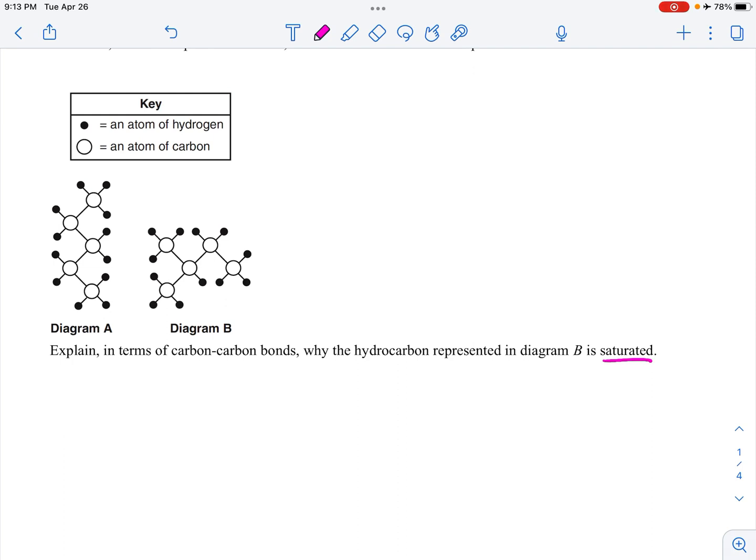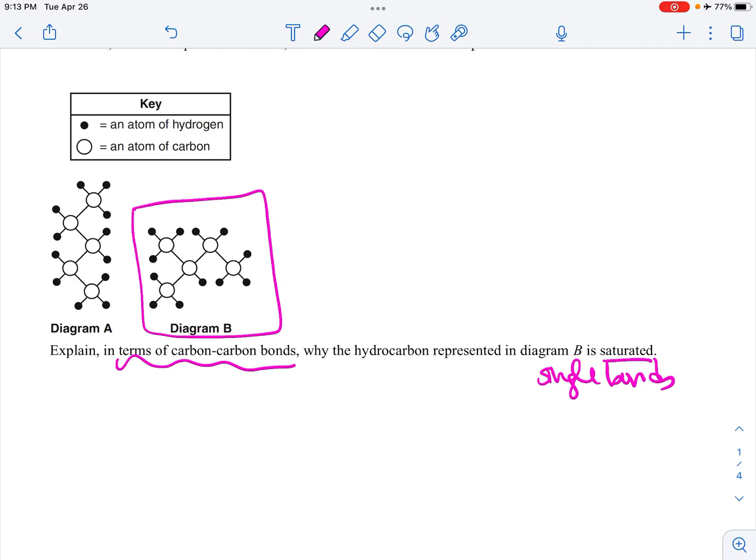So we're talking about this one, first of all. However, saturated means all single bonds. Now, when it says "in terms of," you absolutely have to include that in your answer.